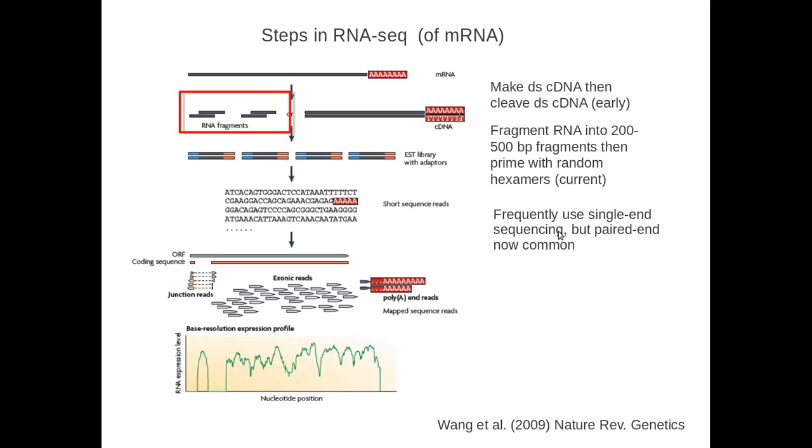I should mention that we frequently use paired-end sequencing of these small cDNA fragments, although initially anyway it was far more common to see single-end sequencing of these cDNAs, simply because all you really need is one count or one read to represent the initial presence of a single mRNA in your sample.